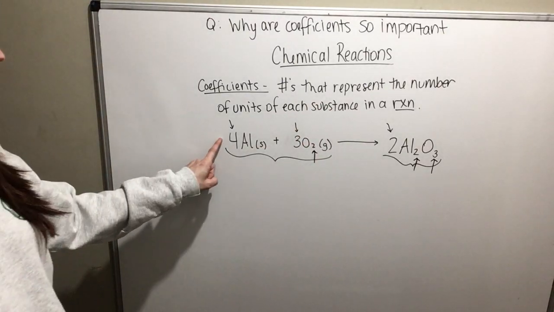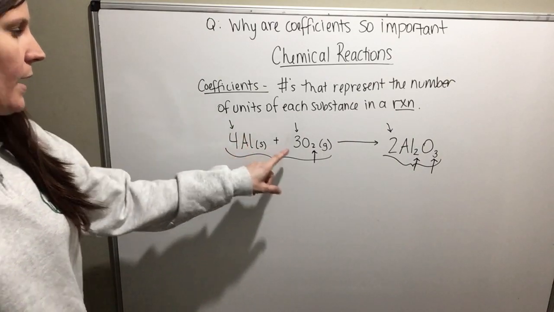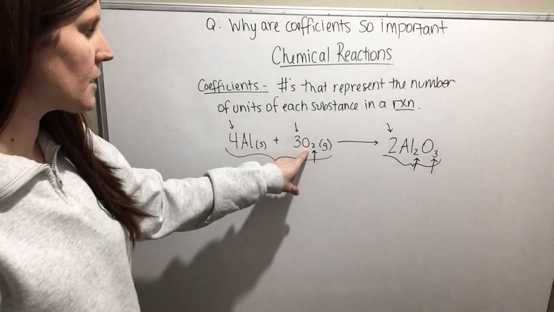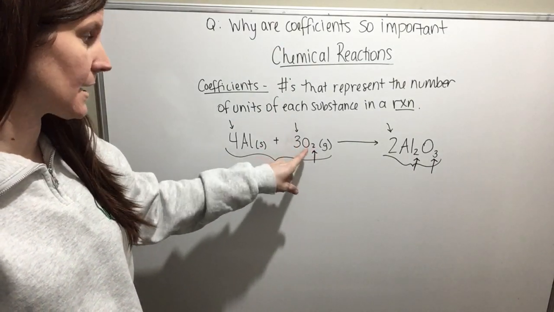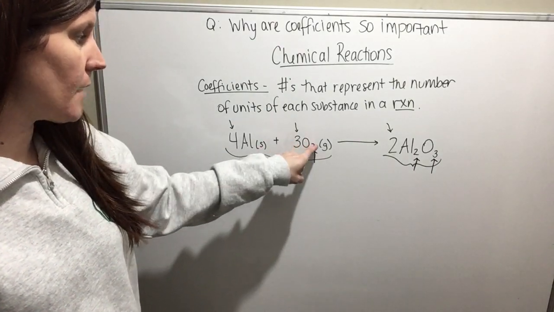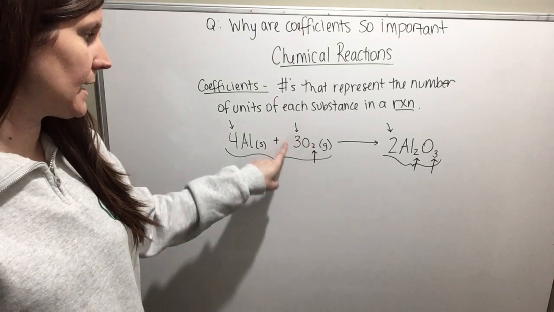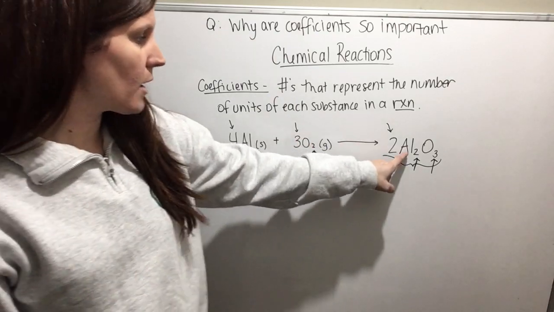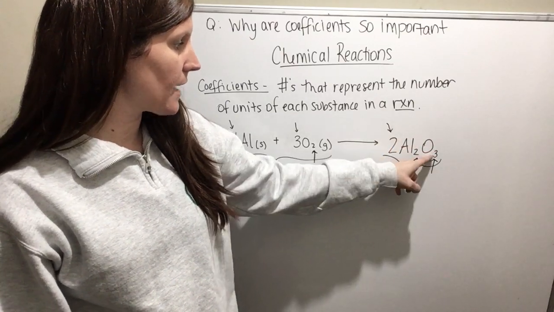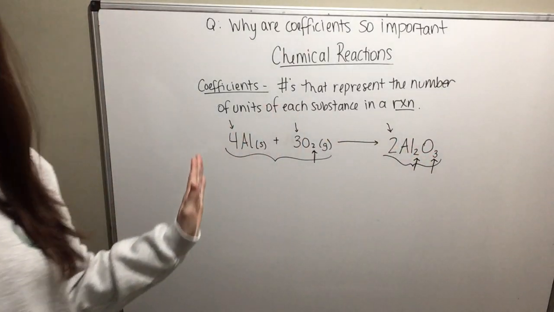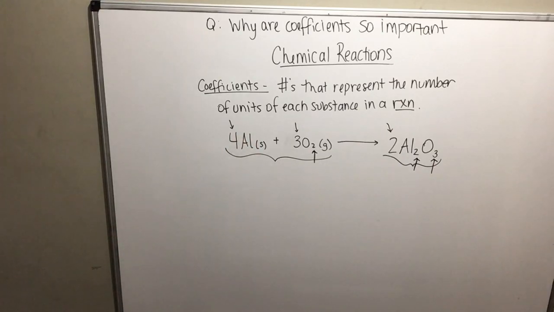Okay, so we have 4 units of aluminum. We have 3 units of oxygen, but if I asked you how many atoms of oxygen, you could tell me 6 because there's 3 times 2 each. So that's 6 atoms of oxygen. This one, we end up with 4 atoms of aluminum and 6 atoms of oxygen. It's balanced on both sides. We'll get to balancing chemical equations later.